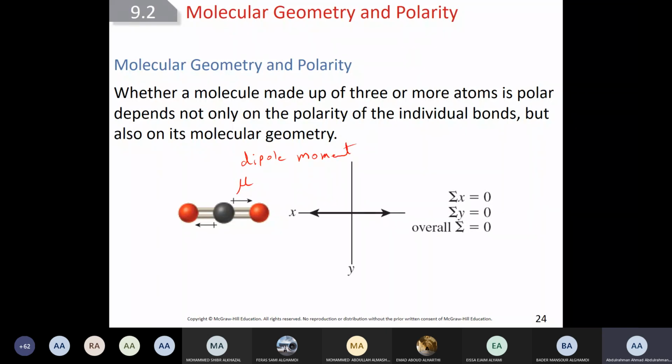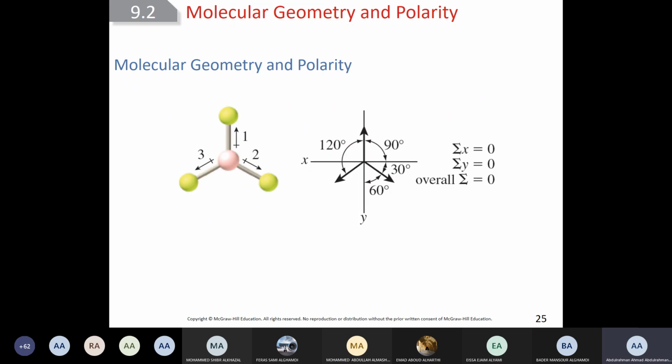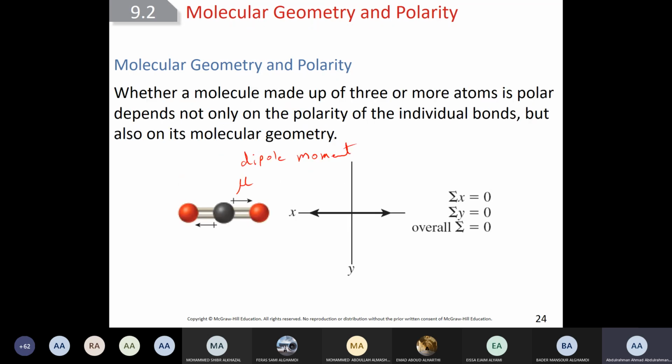And I told you which molecules will cancel each other in the dipole moment, when it is going to cancel and when it is not going to cancel. Like here, for example, each bond is polar, but the whole molecule is non-polar.